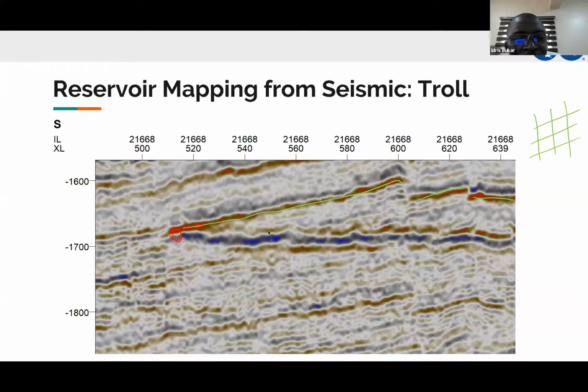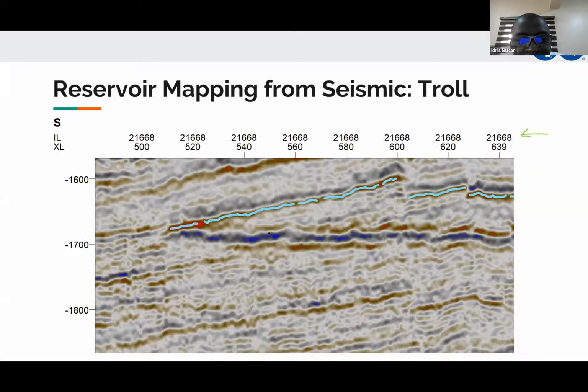Or for whatever reason you lose your reflectors, then your wells come in very handy, because over time, this gives you at the exploration stage a rough size of the reservoir.